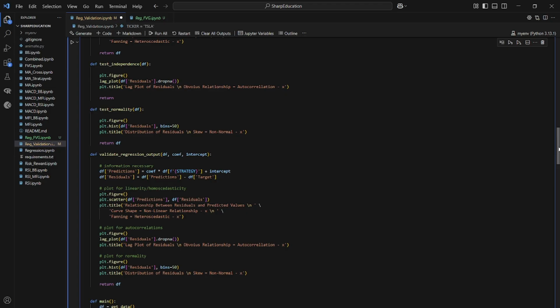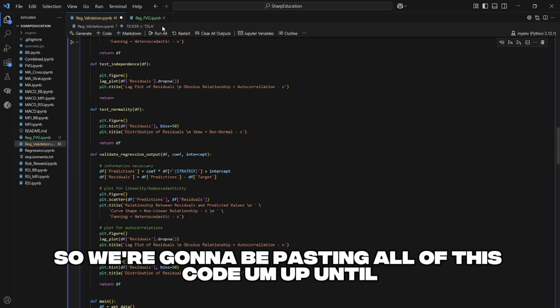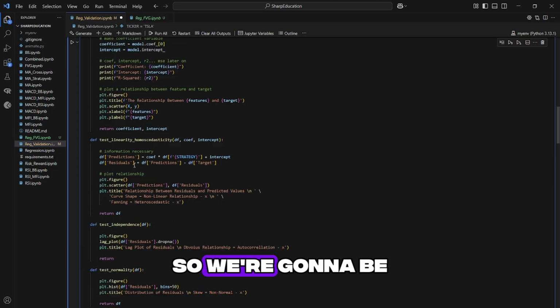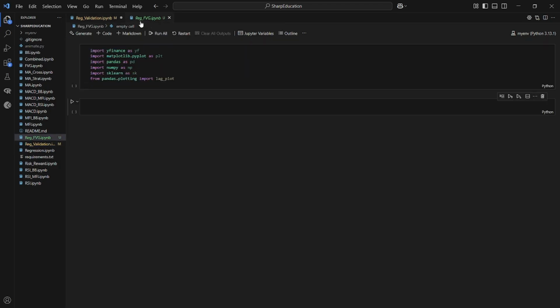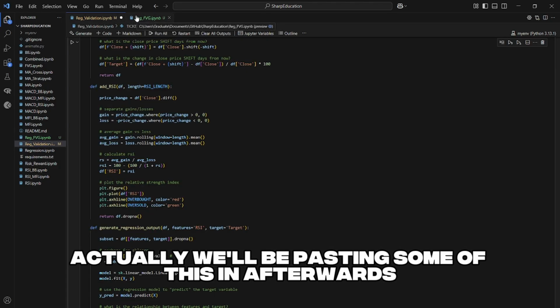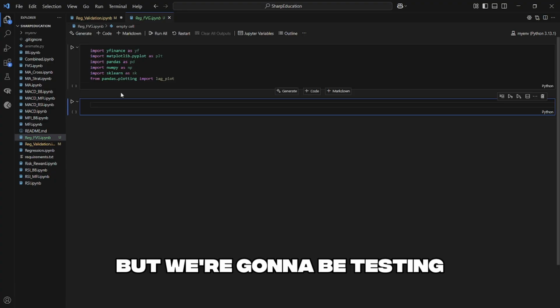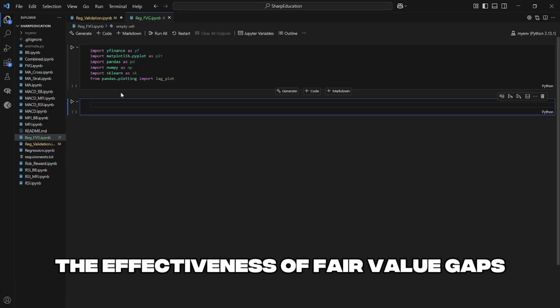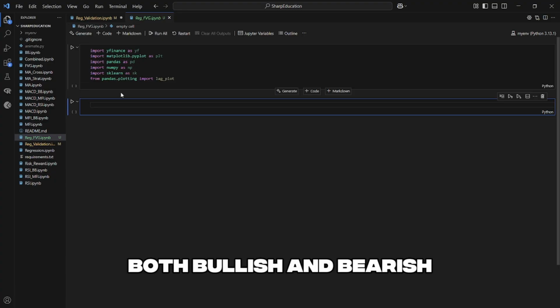Super simple. So we're going to be pasting all of this code up until, actually, we'll be pasting some of this in afterwards, but we're going to be testing the effectiveness of fair value gaps, both bullish and bearish.